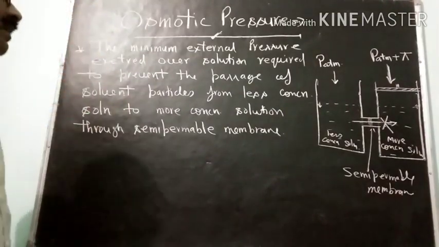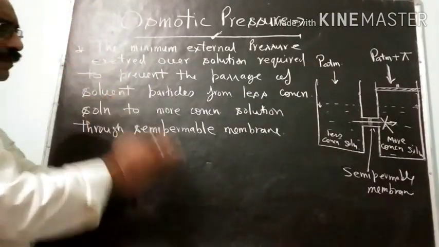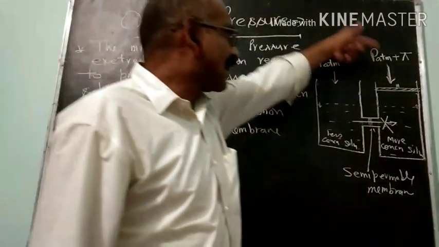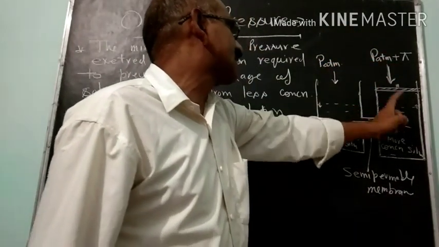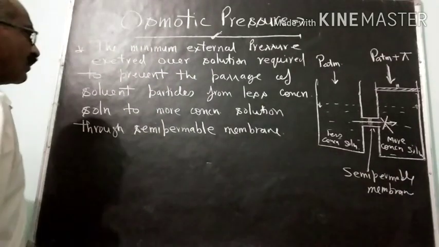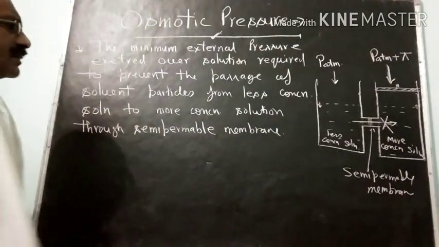Means you can say the minimum external pressure which must be applied over this solution which is sufficient to check the osmosis.